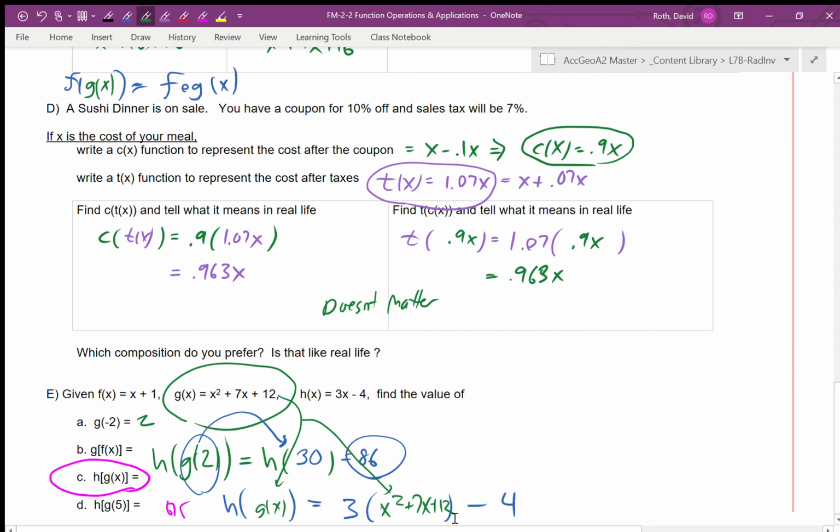And then I would work all the algebra to simplify this out. I'd have a single function, and then I could plug 2 into this resulting function. This will take longer, but if you've got a lot of points to plug in, then you can do that. But usually when you're working with h of g of 2 or numbers themselves, you simply put it in that format. You simply just do the number if you're working with numbers.